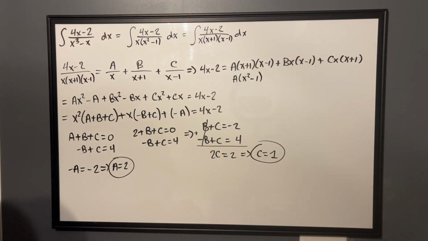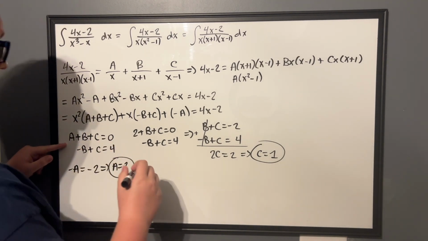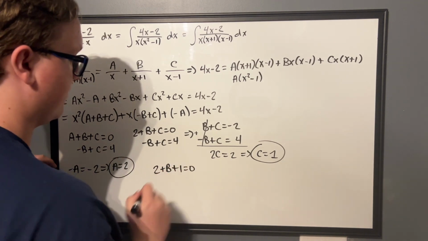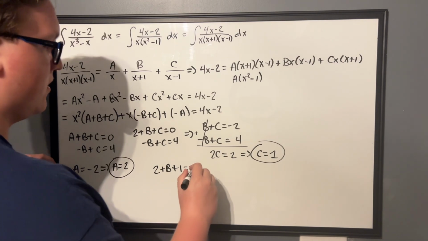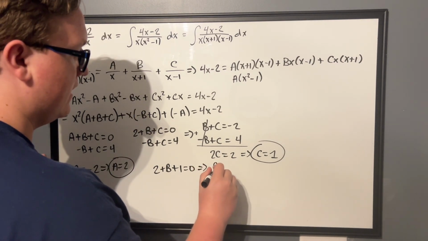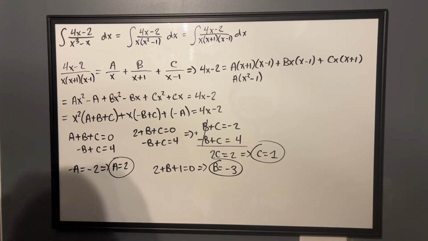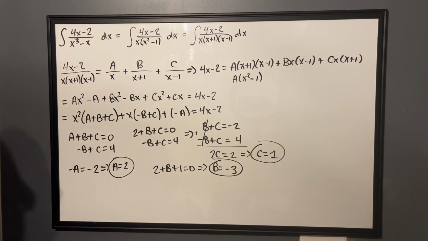Now we want to figure out what b is. We know that a plus b plus c should be 0, so 2 plus b plus 1 should equal 0. If we add the 2 and 1, we get 3, and we can subtract it over. So we'll find that b is equal to negative 3. So we have a solution now for a, b, and c using partial fractions.